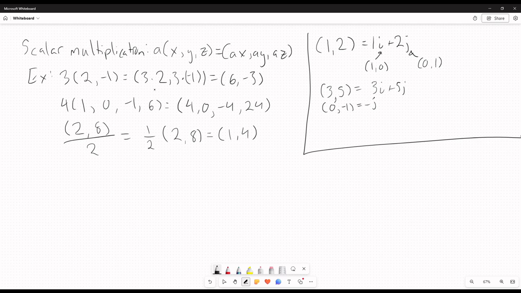We also can have three-dimensional vectors. Then we'll use i, j, and k instead. So like 2, 0, 1 would equal 2i plus 0j plus 1k, which we would normally just write as 2i plus k.